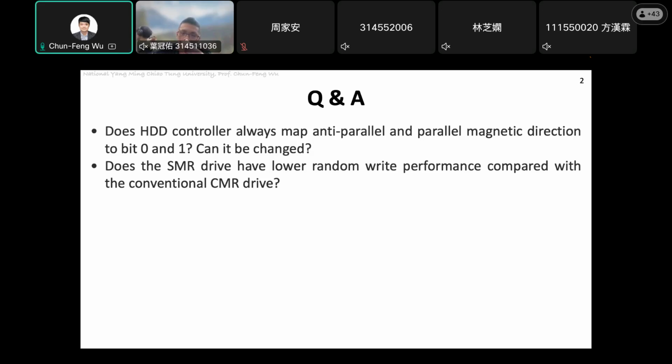But this is for the normal case, because we have a large enough log area. If one day there is no sufficient space for the log area, then the SMR drive needs to do garbage collection, and this will hurt the performance. So in the long term, there will be some times when the SMR drive faces a performance drop because it is doing the GC.